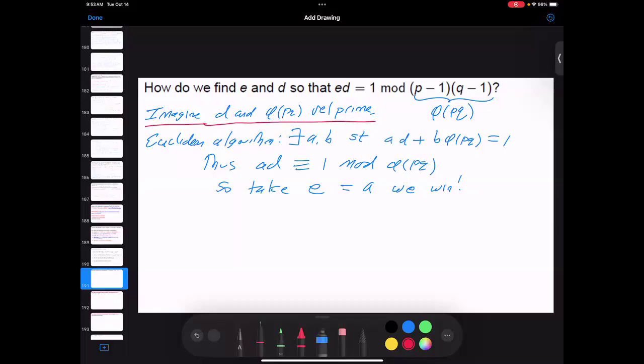So if they're not relatively prime, this is not going to work. So now the question is, how likely is it that d shares a common factor with phi of pq? If d shares a common factor with phi of pq, what could you do?